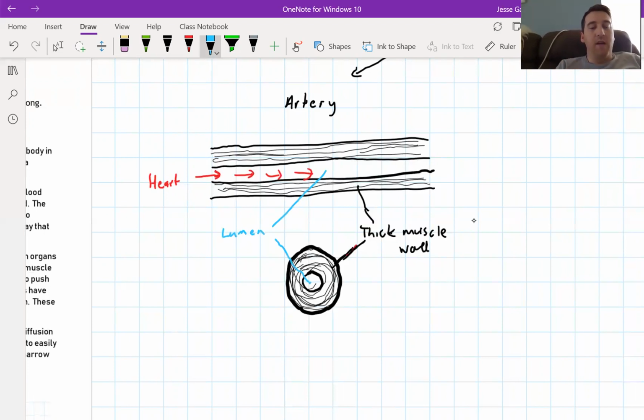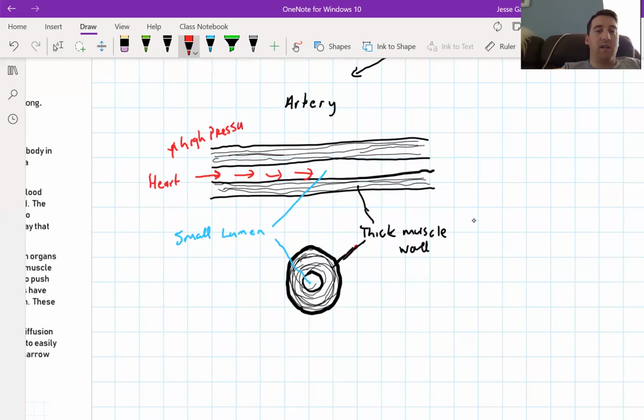L-U-M-E-N. Lumen just means kind of gap, and it's the gap where the blood is able to flow. And we say that these arteries have a small lumen. And that's because most of the blood vessel itself is taken up by the muscle wall. Arteries have a small lumen and they have a thick muscle wall. The blood is under high pressure.